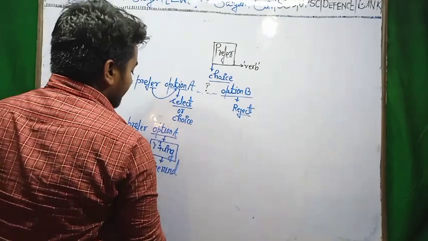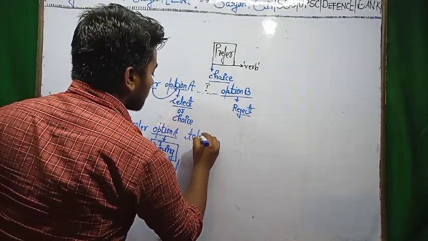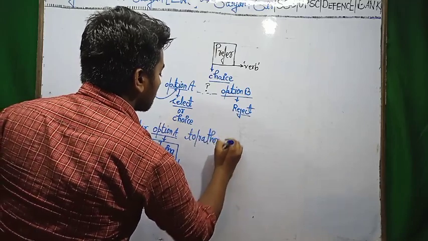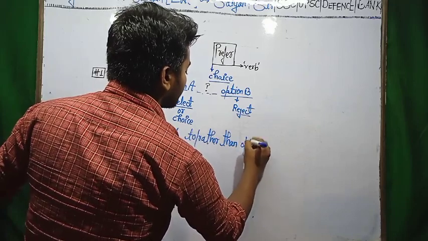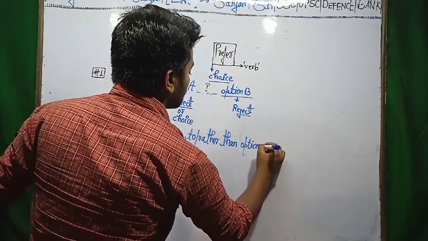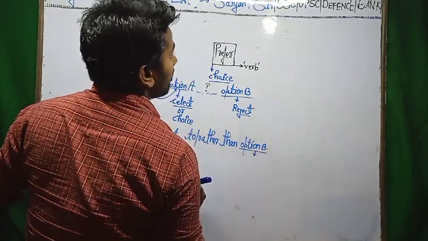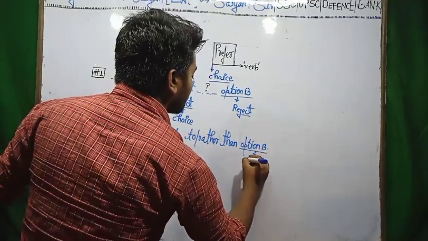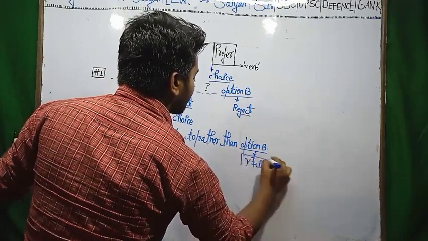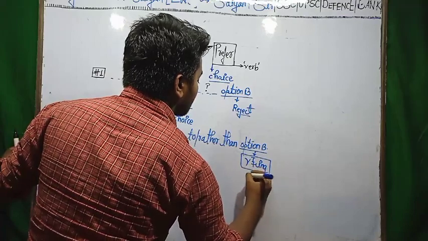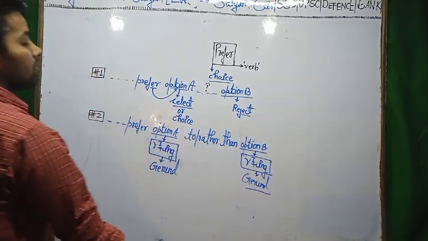We use to or rather than to connect option B, and this option is also in ing form, and basically this is called a gerund, my dear friends.